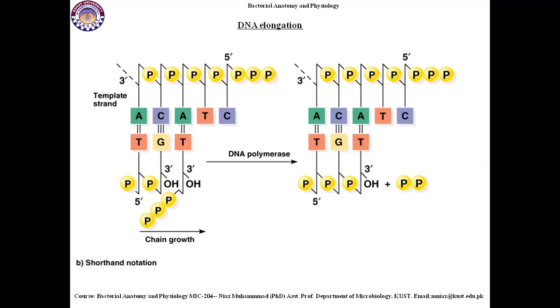This is the parent DNA, and new nucleotides will come over here. If there is adenine, thymine will bind. If guanine is there in parent DNA, cytosine will bind. If cytosine is there in parent DNA, guanine will bind. If adenine is there in parent DNA, thymine will bind.